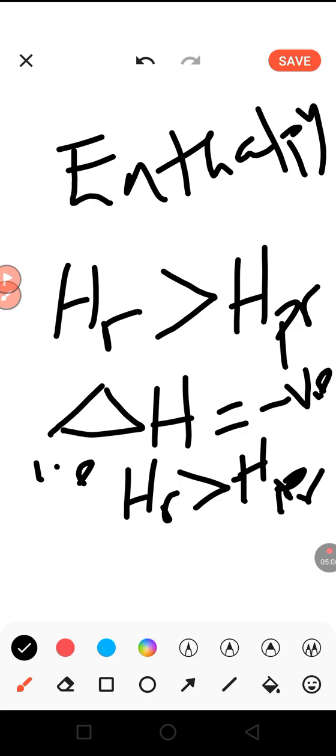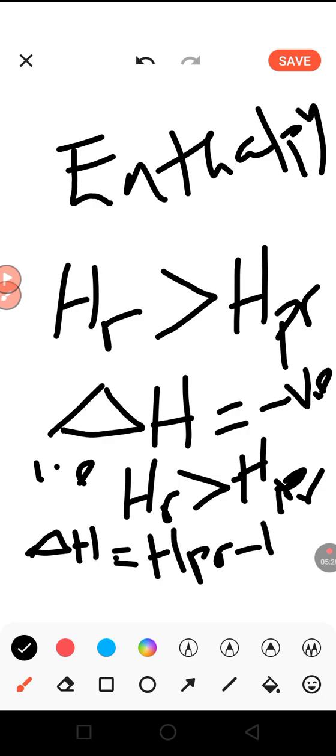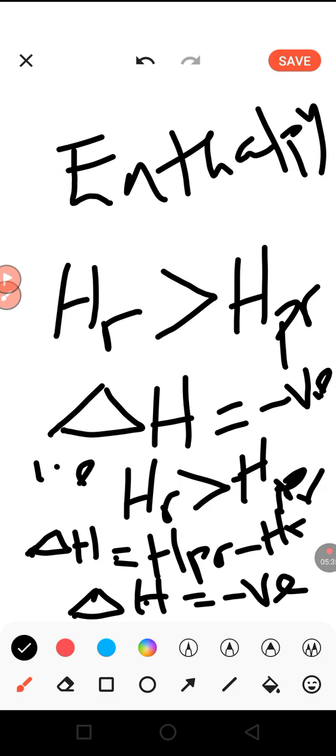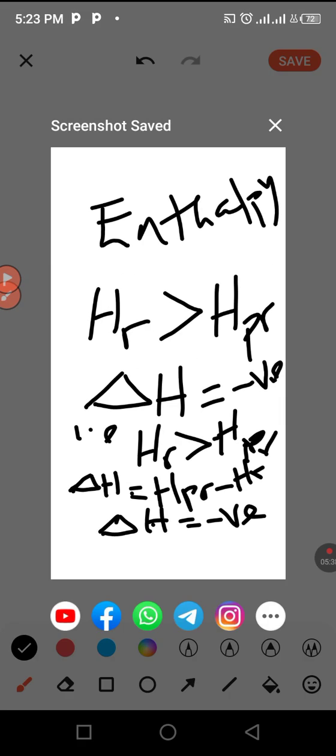Given the formula delta H equals HPR minus HR, that will give us a negative value for delta H. That is an exothermic reaction.